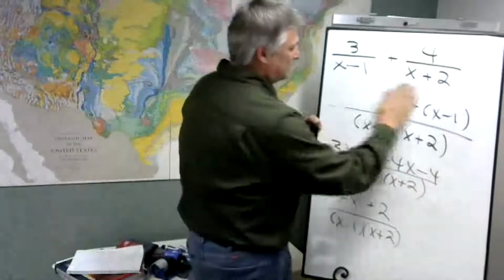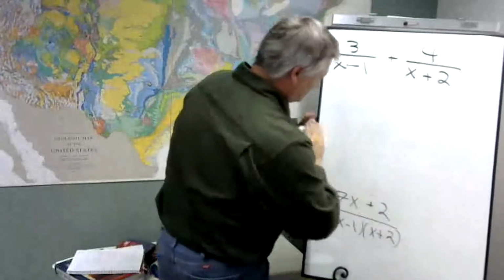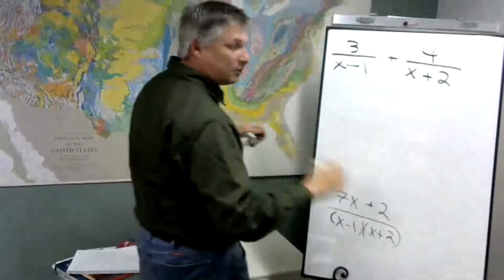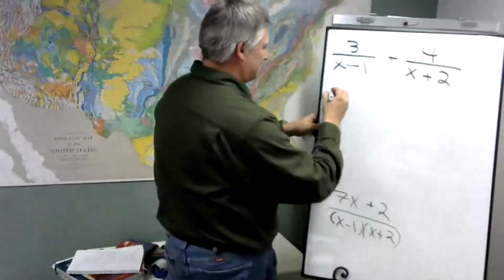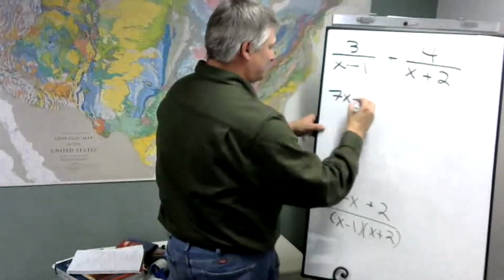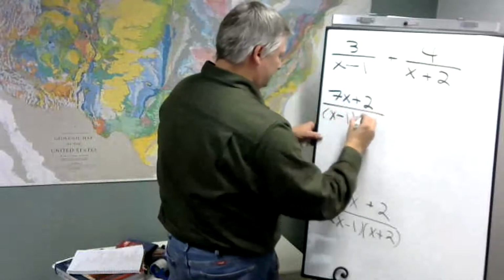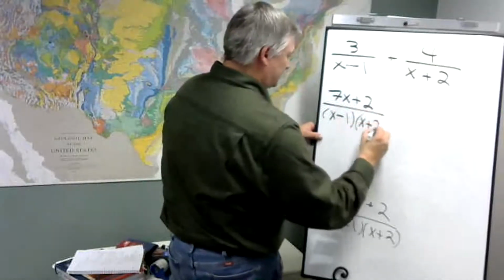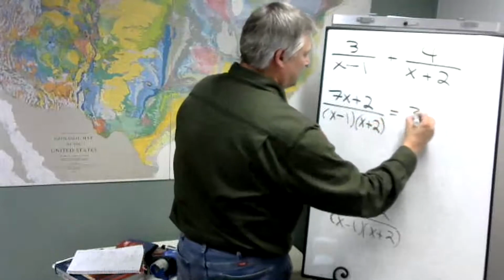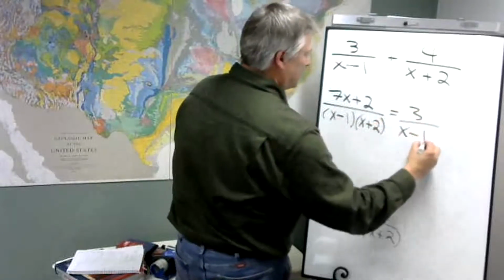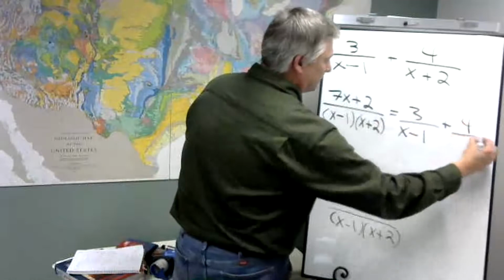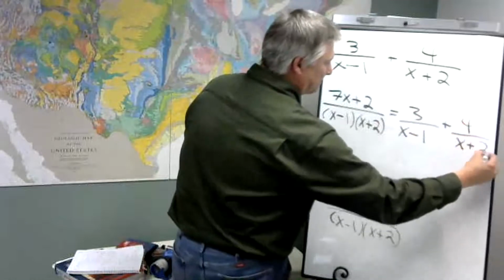And what we want to do is look at this backwards. 7x plus 2 over x minus 1, x plus 2 is 3 over x minus 1 plus 4 over x plus 2.